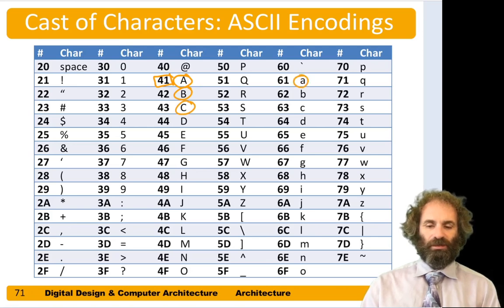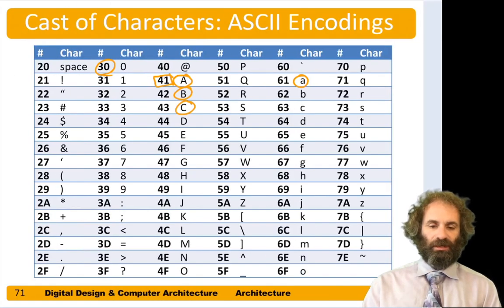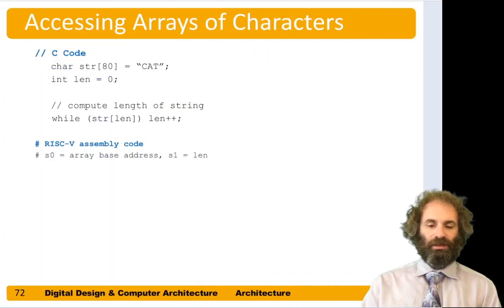Lowercase are hex 20 later, then digits, and so on. And remember in C that a string ends with an ASCII value of 0, not the character 0, which has an ASCII value 30, but actually the byte 0.